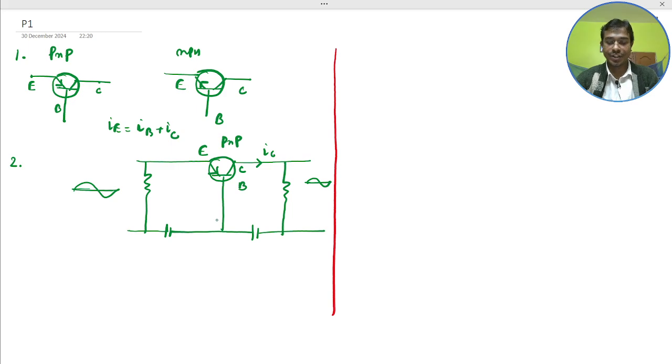This is for the PNP transistors, here this is the base current IB, and this is the emitter current IE. So here this would be VEB, and here VCB. So this is the resistance R1 and the R2. So this is the common base amplifier, the CB mode.